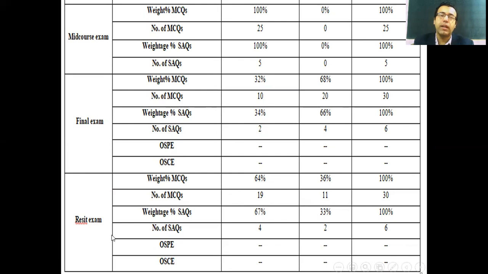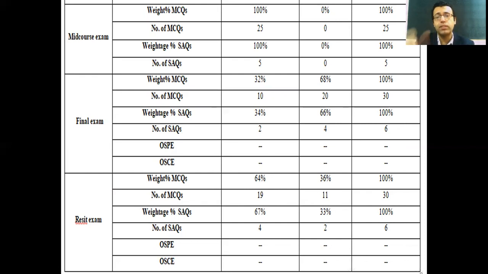Then at the end, regarding the reset exam, you should distribute questions according to the number of learning outcomes of theme 1 and theme 2 for the failing students. So it is 64% in theme 1, 36% in theme 2.